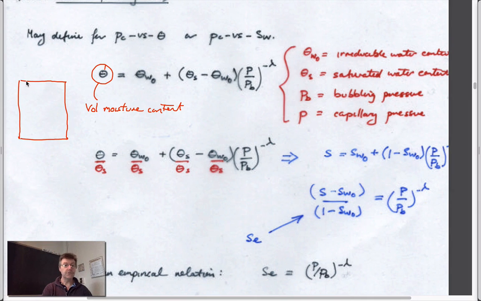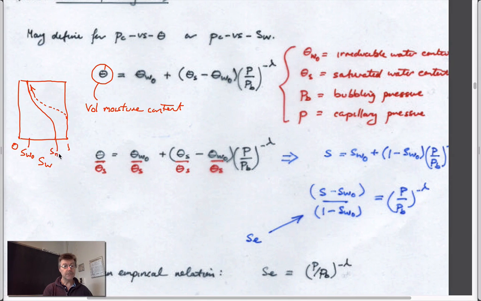Sorry, let me redraw this. There's two curves. So what is this and what is this? If this is 0 to 1 and it's saturation of water, this is the irreducible wetting saturation.